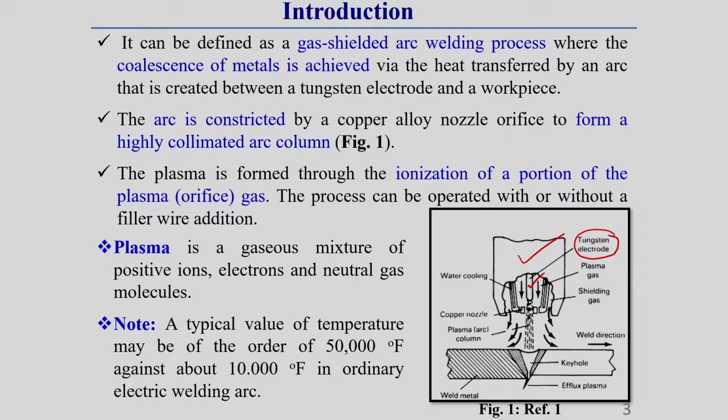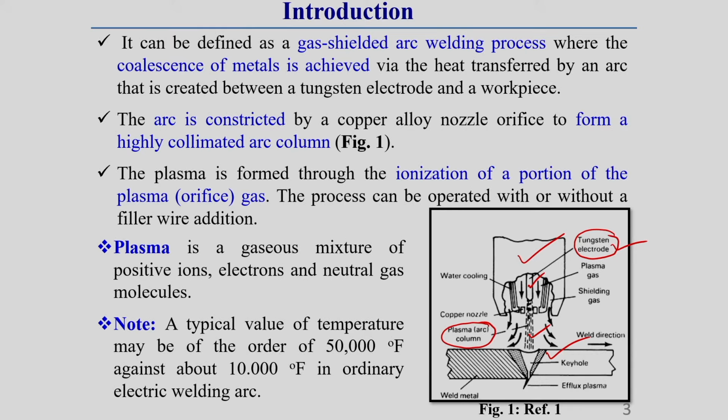Now, this is the arc, you see here I have written plasma arc, or you can say plasma column. This arc is generated between this non-consumable tungsten electrode and this workpiece. You can see from here itself, this arc is constricted by a copper alloy nozzle orifice.